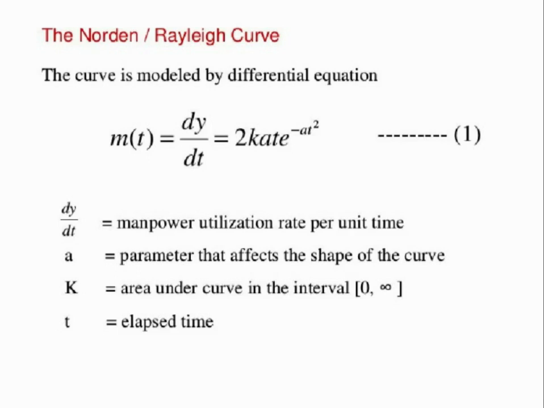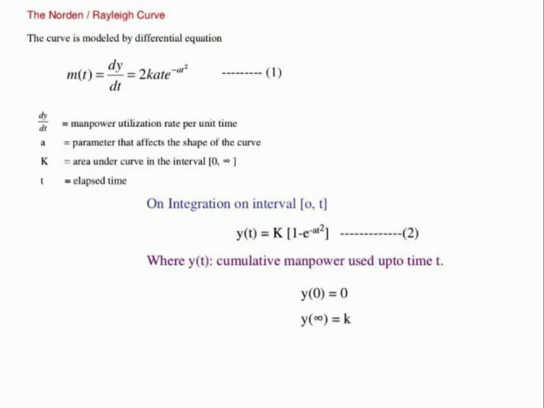Integrating equation 1 over the interval 0 to t, we obtain y(t) = K(1 - e^(-at²)), where y(t) is the cumulative manpower used up to time t.